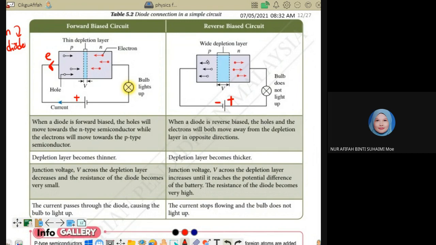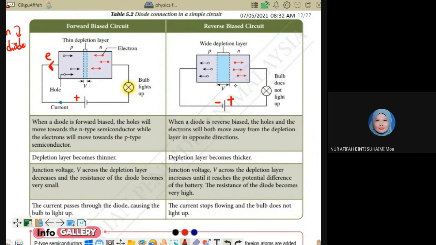Sepatutnya P dengan positif, N dengan negatif, but you reverse the terminal of the battery, it will become reverse bias circuit. So for reverse bias circuit, the hole will be attracted to the negative, and electron in the N type will be attracted to the positive. So the depletion layer becomes wider and wider.